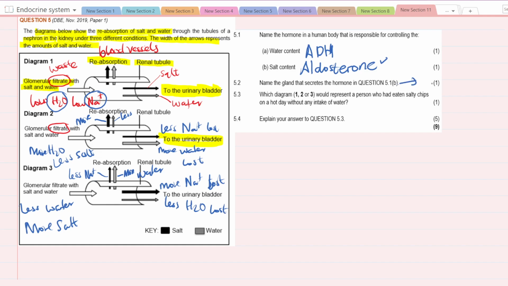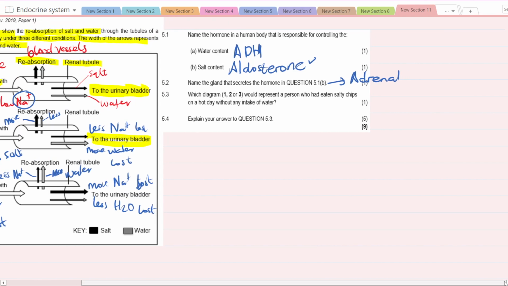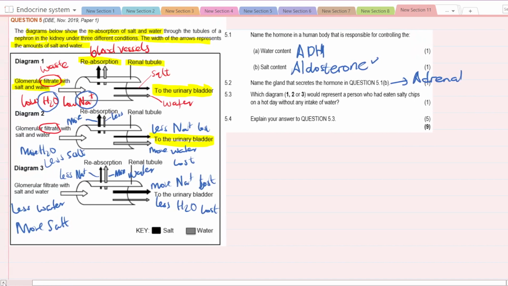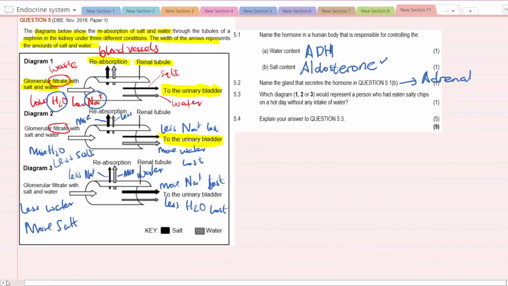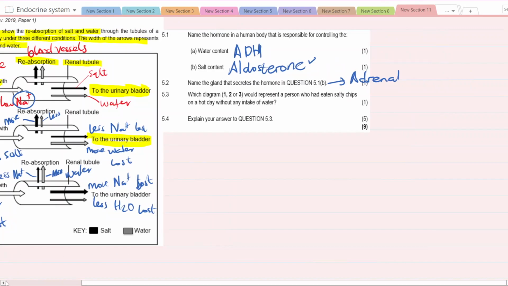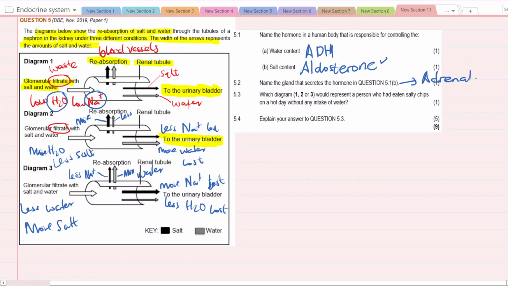That gland is the adrenal glands, which are found just on top of the kidneys, the adrenal glands.